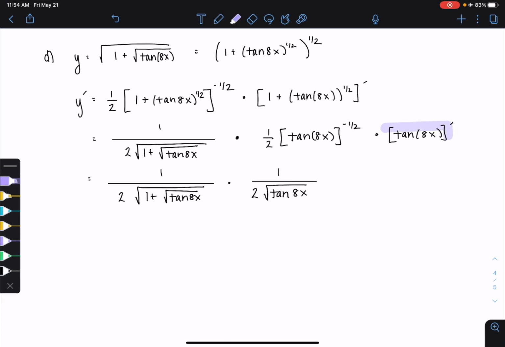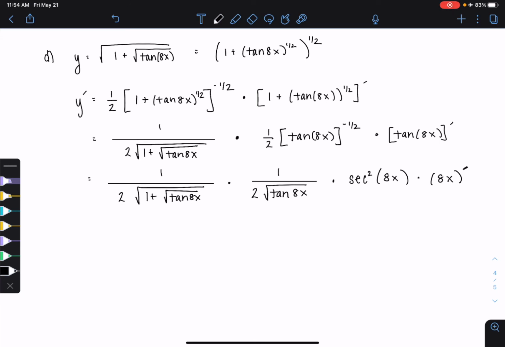Now I need to take this derivative. Again, working from the outer in, my outer is my tangent function. Its derivative would be secant squared. We do not touch the inside at all, but chain rule tells us we have to multiply by the derivative of the inside because it's not just secant of x.